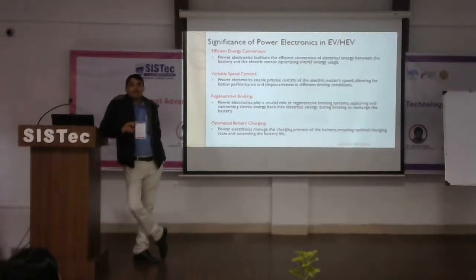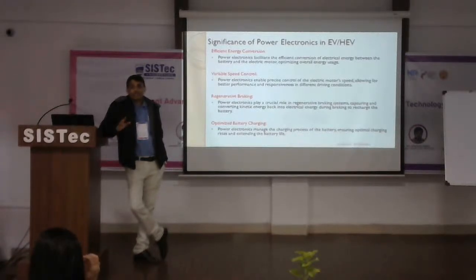How can we generate power from that same system? Suppose the load cell is there and the cage is empty. If the lift is empty and it has to go up, say from the ground floor to the fourth floor, the load cell will come down and the lift will stay empty. At that time, the load on the motor will be minimum. Getting my point? At that time, if I run it as a regenerative, that will provide regenerative braking as well as generate power and feed it to the other storing system. So that is a possibility with regenerative braking.